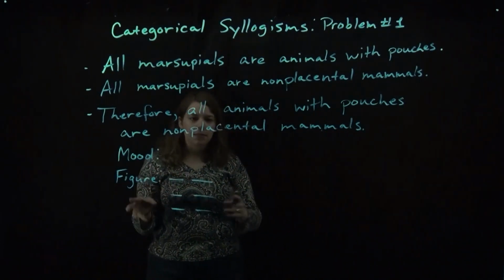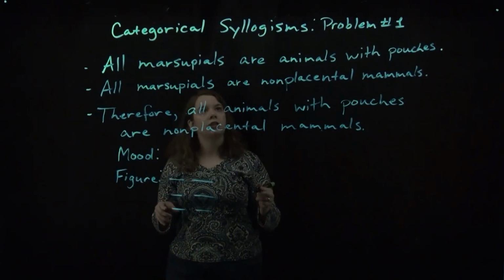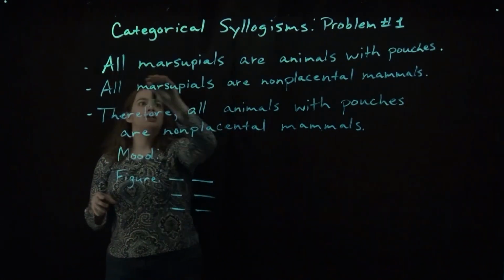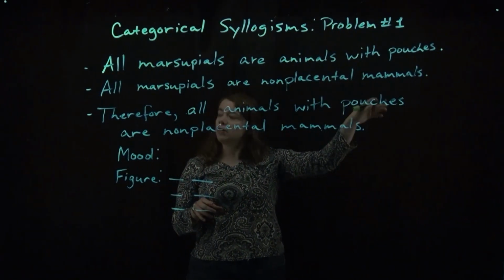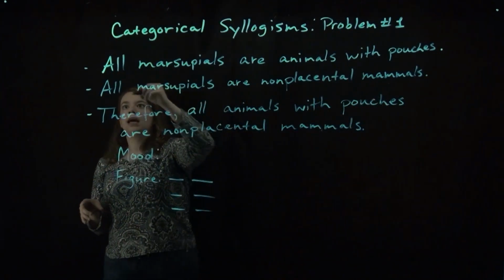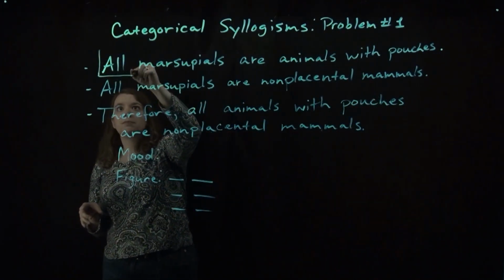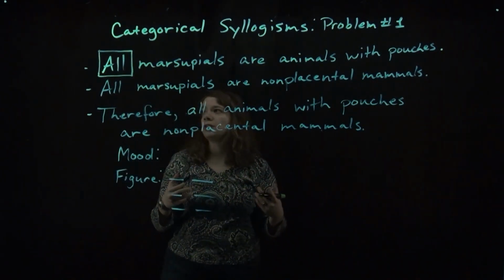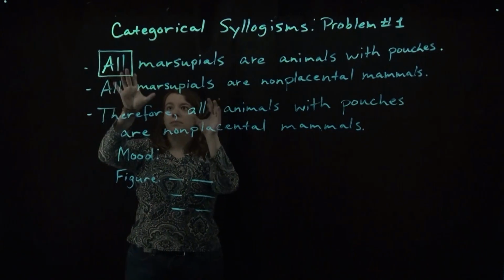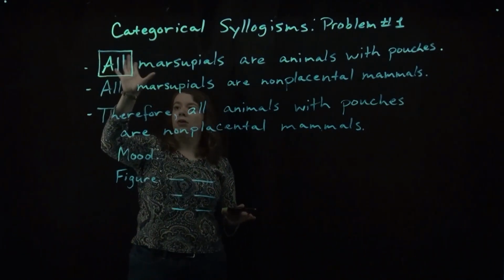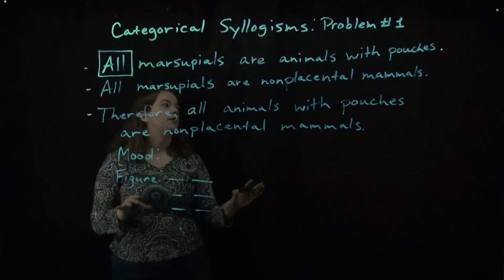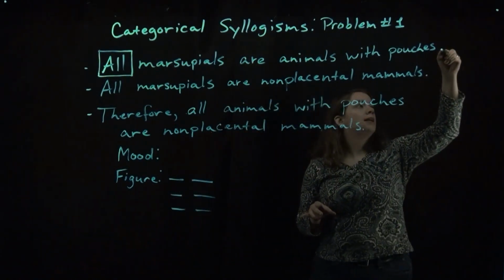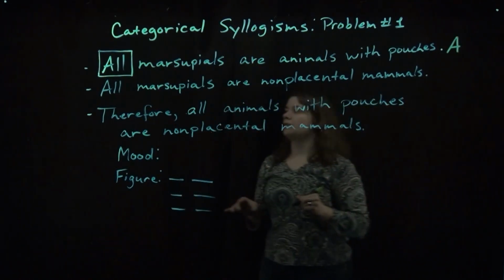So again, to think back to the different kinds of propositions, we can really quickly see here that the very first proposition, all marsupials are animals with pouches, is an A proposition. And we know this because A propositions, the universal affirmative propositions, usually begin with this word all, right? It includes everything. So we know immediately that this is an A proposition.